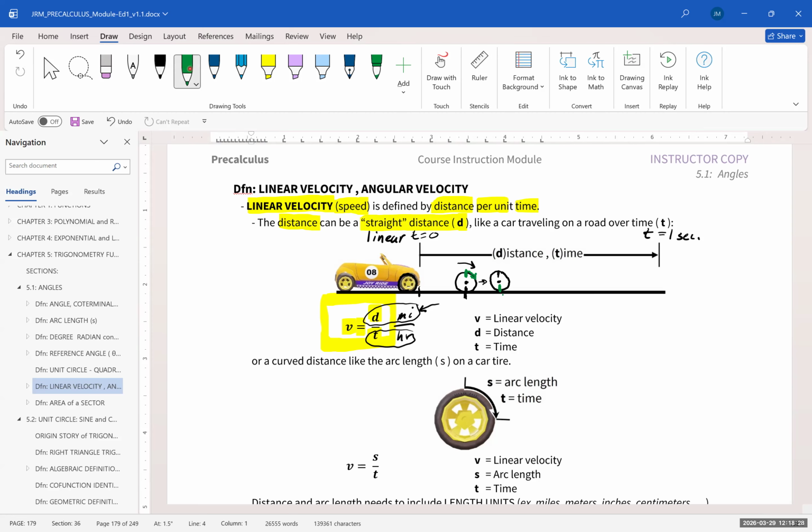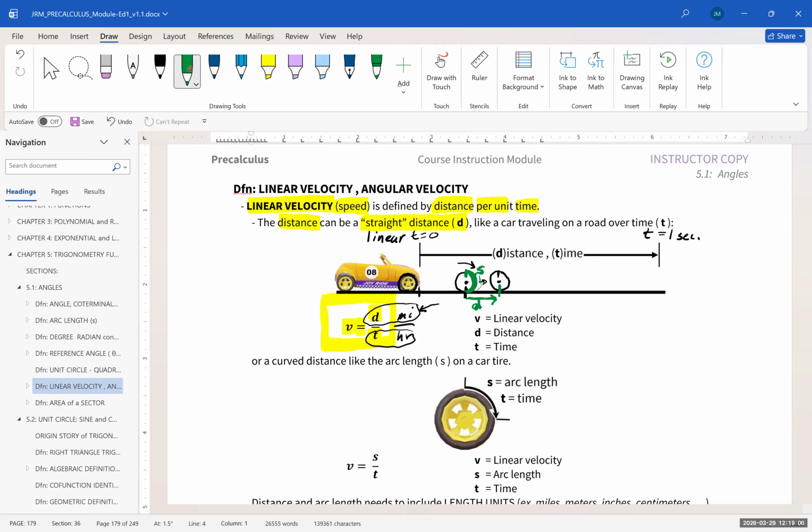So you can see that as the tire has gone linearly in this distance, we've covered this distance around the arc of the tire, the arc length. So we could think of distance as being equivalent to arc length. So we use the letter S to denote arc length and the letter D to denote distance. Those are the same lengths, except one is linear and the other one is curved, but they're the same length.